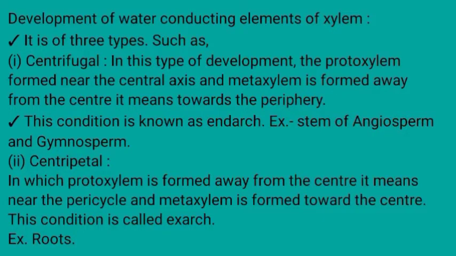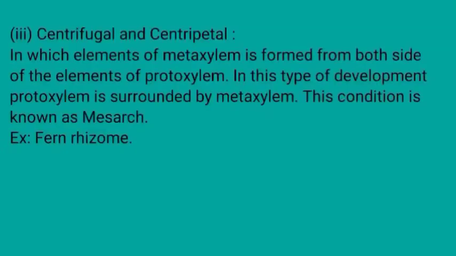Centripetal. In this type, protoxylem is formed away from the center, near the pericycle, and metaxylem is formed towards the center. This condition is called exarch condition, generally seen in roots of plants. Centrifugal and centripetal.